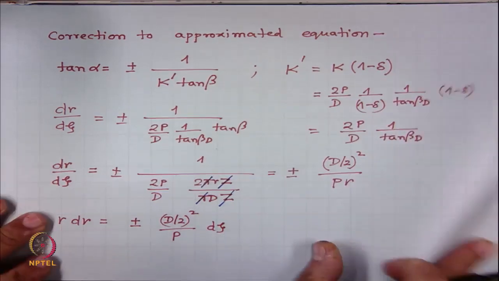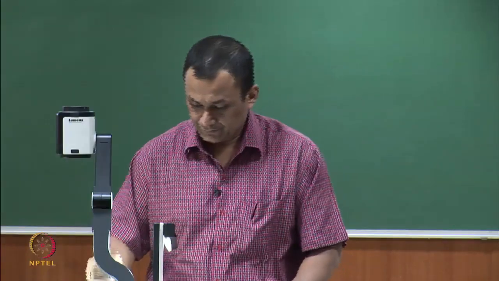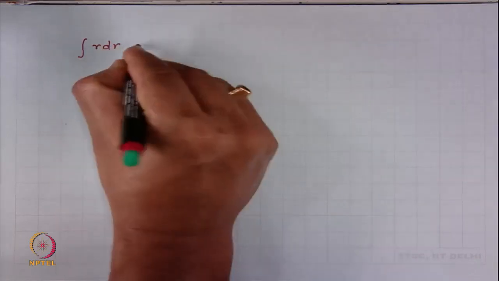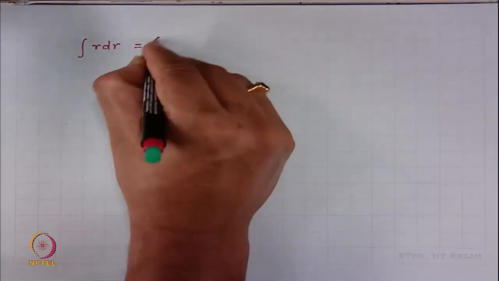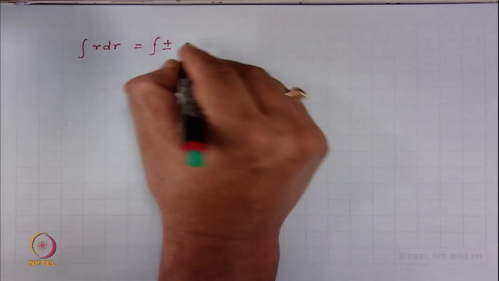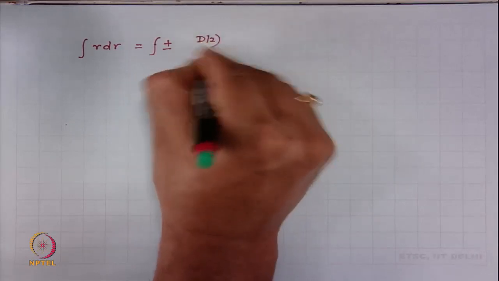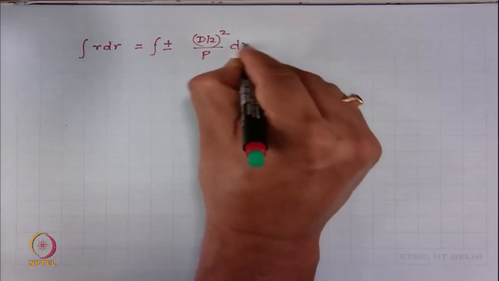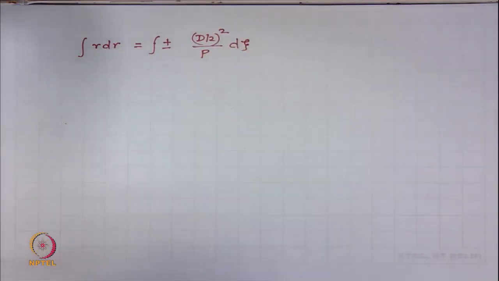So, let us integrate now. Integrate r dr, integrate plus minus d by 2 square by p into d zeta.